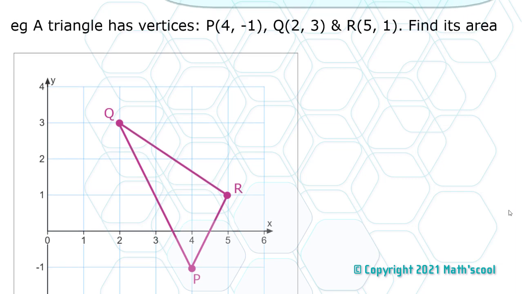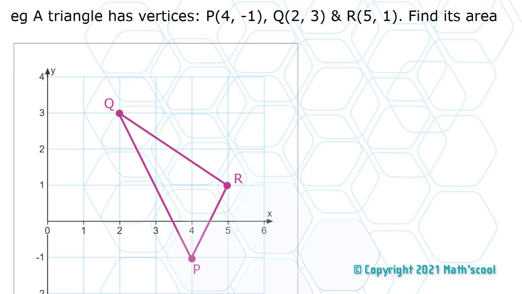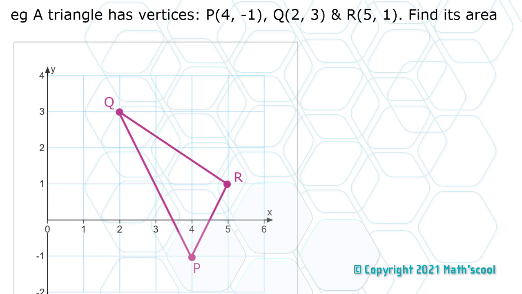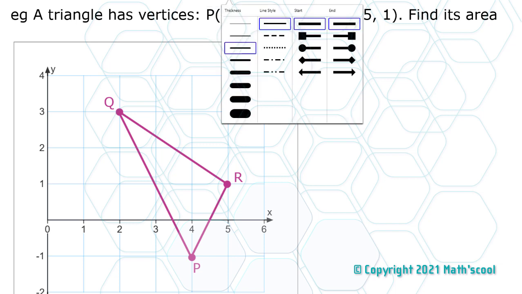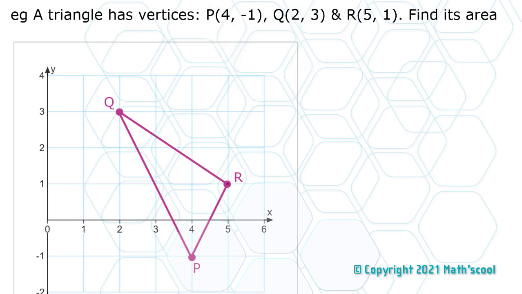Okay, this triangle is not right angled, and there's no horizontal or vertical side, so how are we going to find the area of this? This is the triangle we had from before, and we did find the altitude before. Let's make it a bit thicker, and so the altitude was like this line here.